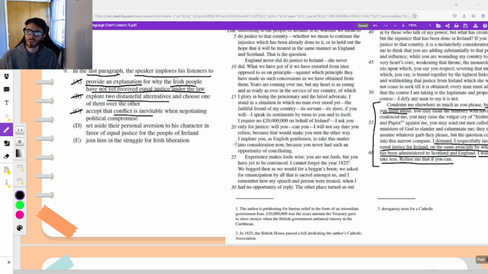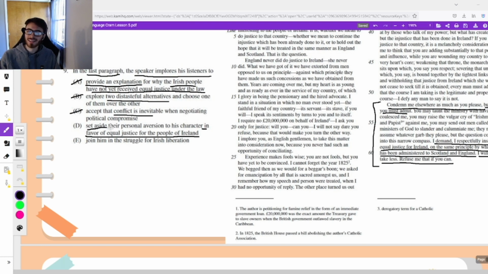D, the speaker implores his listeners to set aside their personal aversion to his character in favor of equal justice for the people of Ireland. Okay, that one's interesting. So in favor of equal justice for the people of Ireland, we know that's correct, right? That matches the last part down here, right?